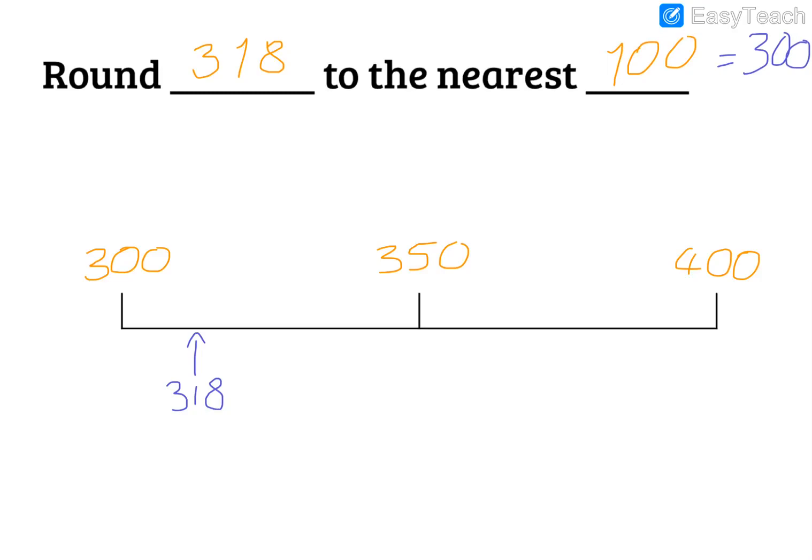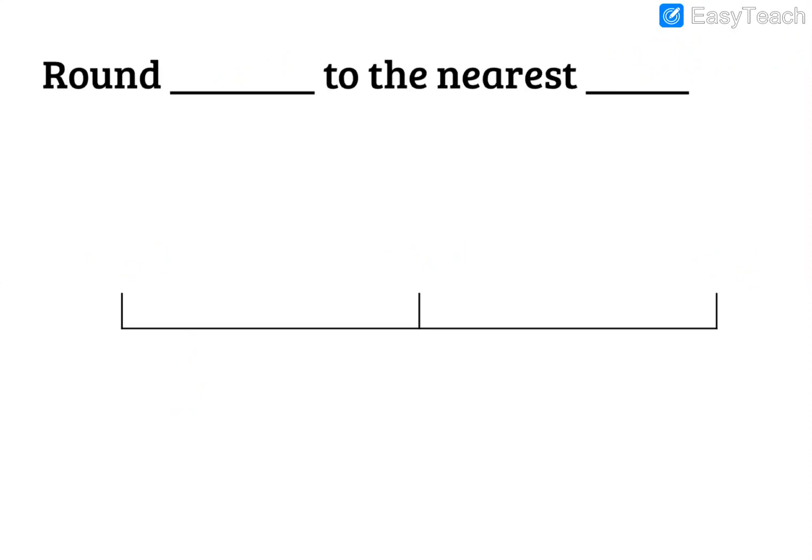Let's do one more, and say this time I'm going to round to the nearest whole number. The number that I'm going to round to the nearest whole number is 52.5. So which whole numbers is 52.5 in between?